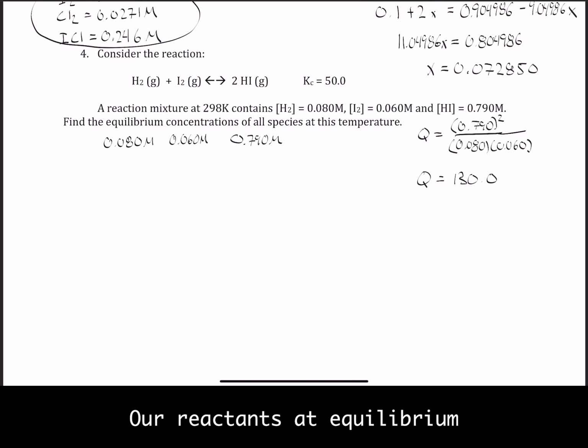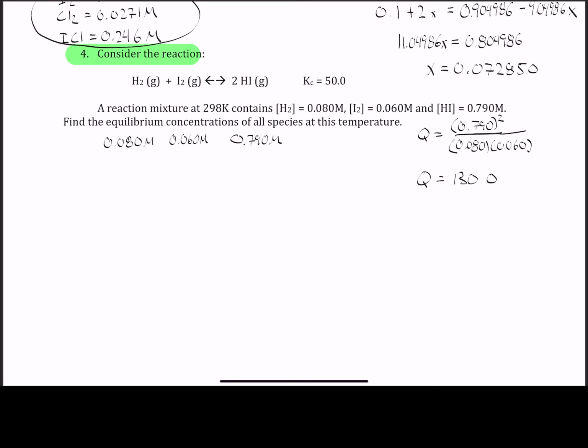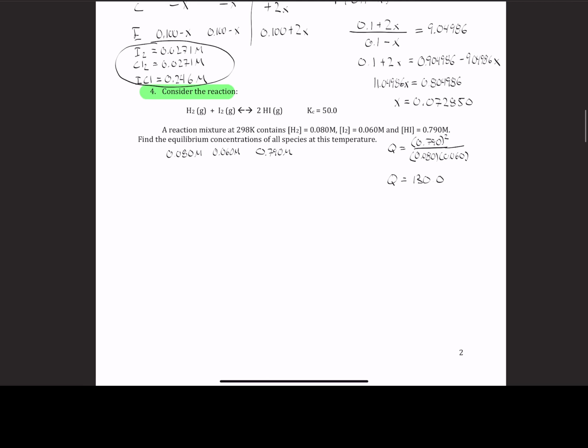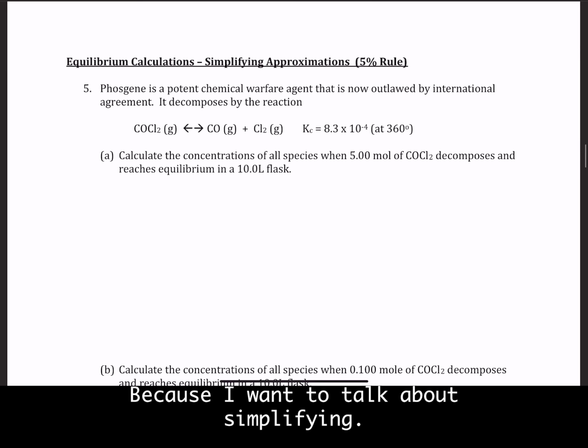There's more products than there are reactants at equilibrium because Q is larger than K. I'm going to leave that one for you guys to do, because I want to talk about simplifying.